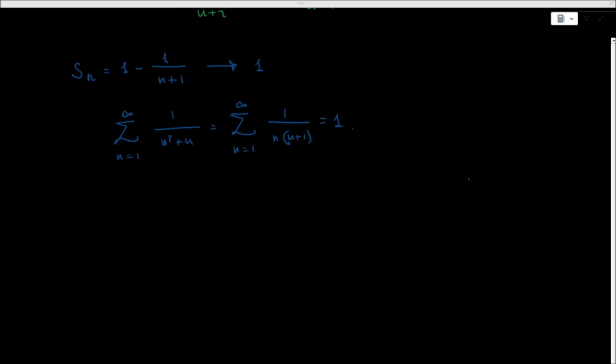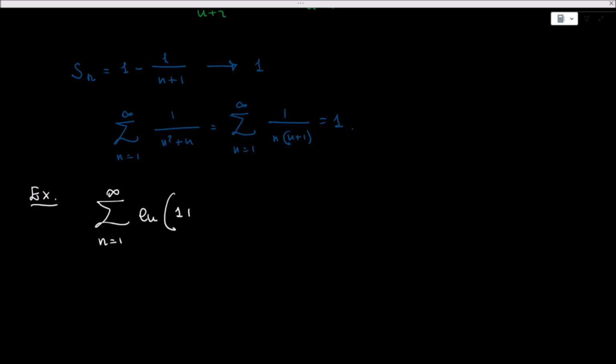Another example of telescopic series is the following. Sum n goes from 1 to infinity of the logarithm of 1 plus 1 over n, which we can also rewrite as sum n goes from 1 to infinity of the logarithm of, with the common denominator, n plus 1 divided by n.